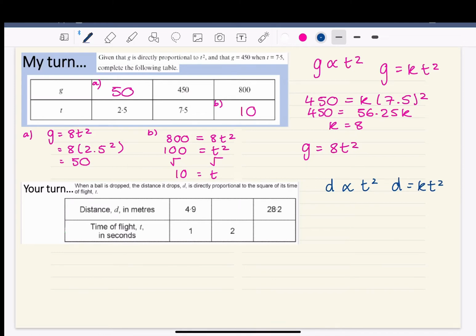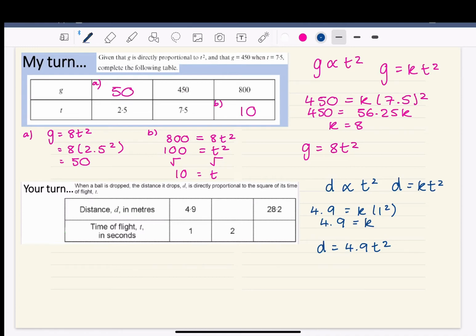I know from my table that when d is 4.9, t is actually 1, so I get k is 1 squared. 1 squared is just 1, so 4.9 is equal to k.